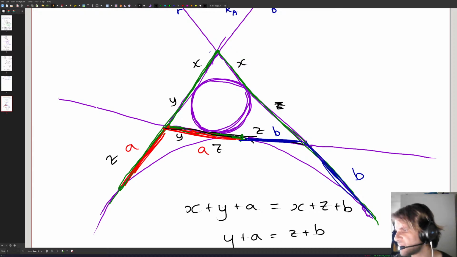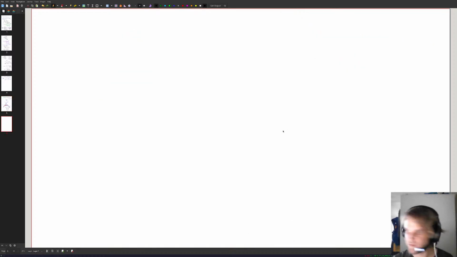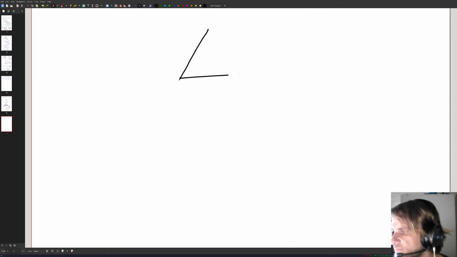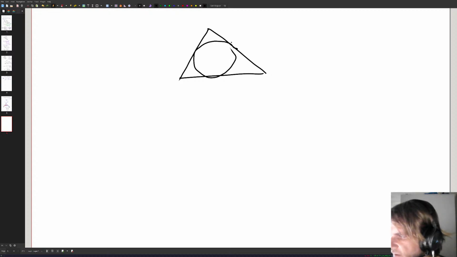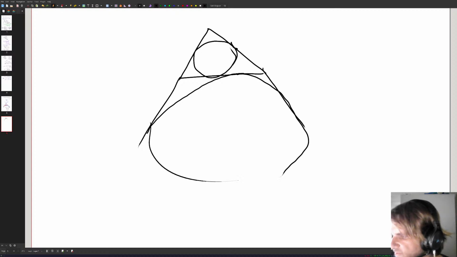And so it's in general true that if you have a triangle and you draw the incircle and you draw the excircle, and let's say that it's tangent over there, that's very unrealistic, but what you're always guaranteed is that that length in red over there to the tangency point with the incircle is equal to that length over there in blue.